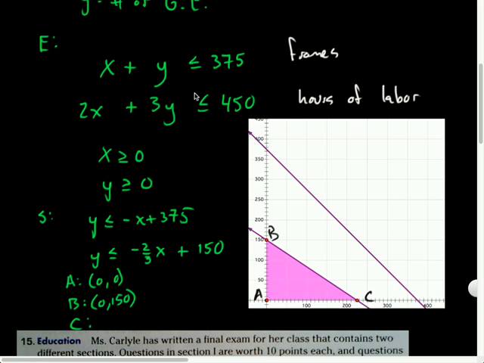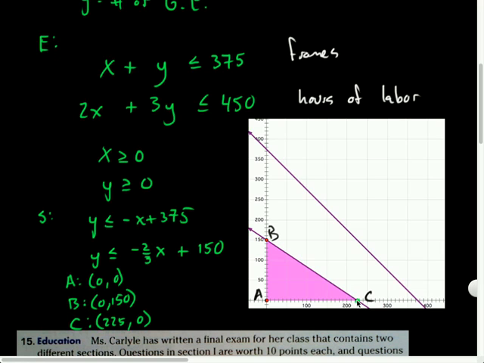So if I plug in 0 for y here, I'd get 2x is less than or equal to 450. So to solve, I'd have to divide 450 by 2, and I'd get 225, comma 0. And I believe the correct answer ends up being the 225, comma 0.